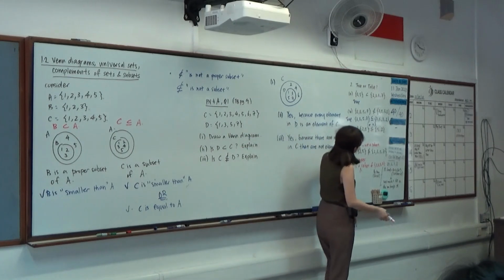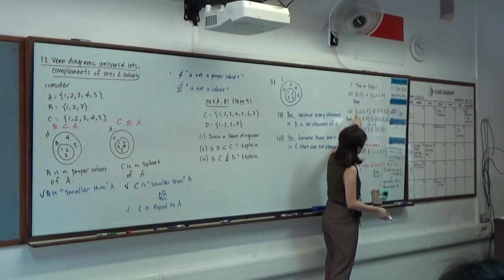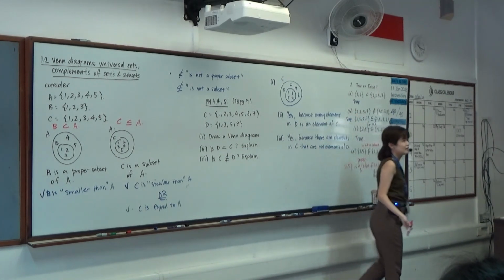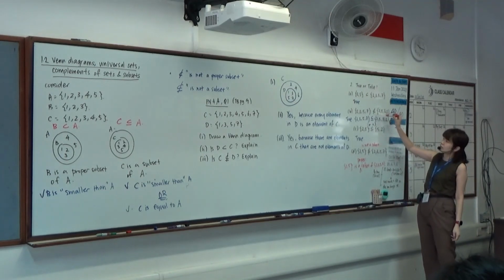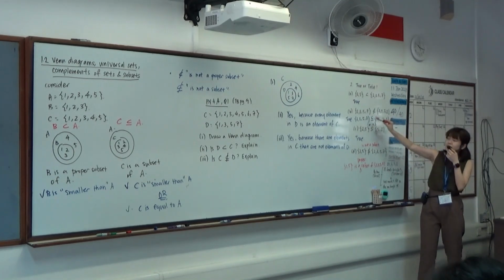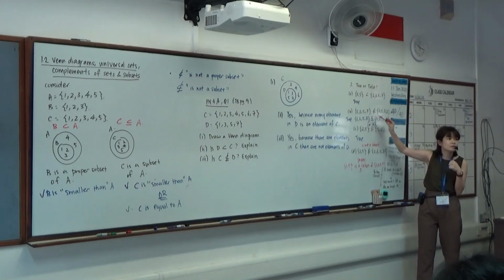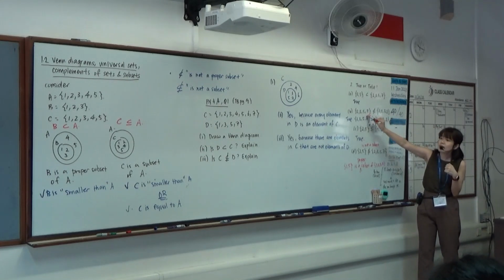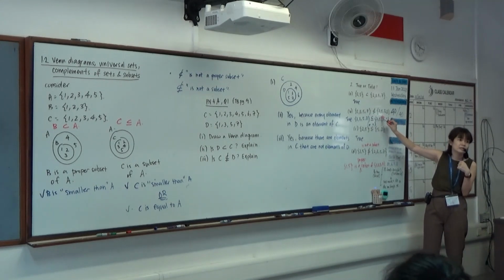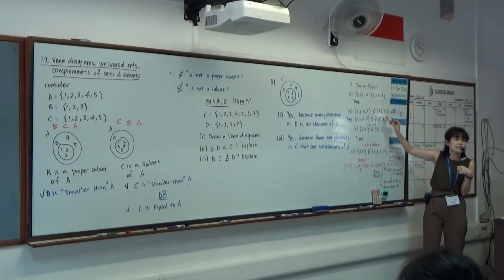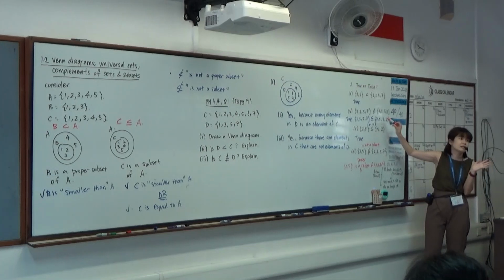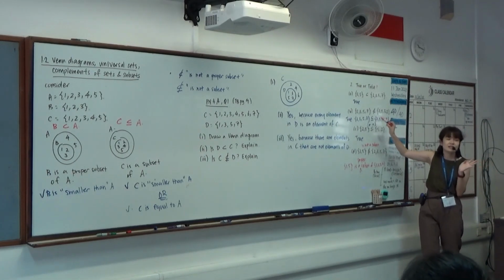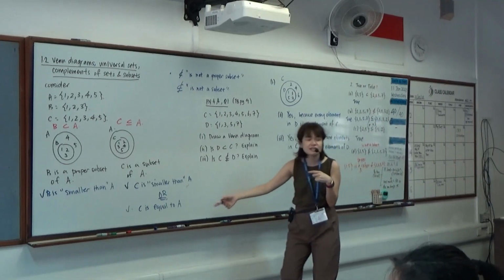An example would be this one. These two sets are clearly equal. This one is a subset of this one because they are equal. But is this one a proper subset of this one? It is not. It is a subset because they are equal.